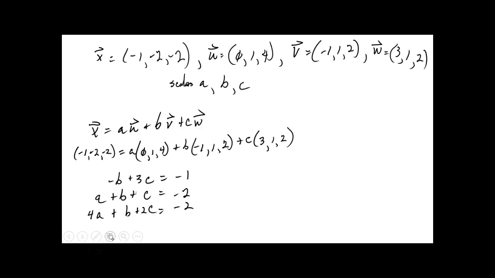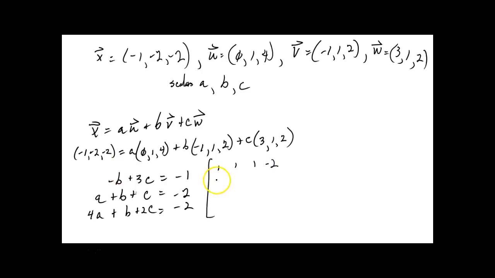I'm going to cheat a little bit because I don't have a lot of room. I'm going to switch the first and second equations and write it as a matrix. My first row will then be 1, 1, 1, -2.